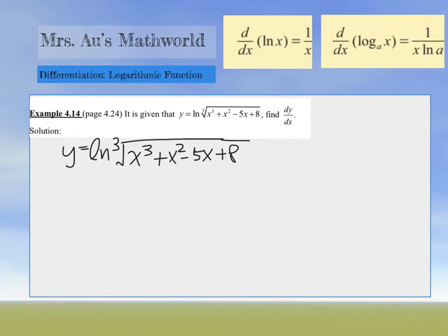So look at the question carefully. In the question, you are given this part, the square root 3, this one, the cube root. If you remember the way to handle the cube root, we know that this can be put outside the logarithm: power 1 over 3, put it in front of the log.